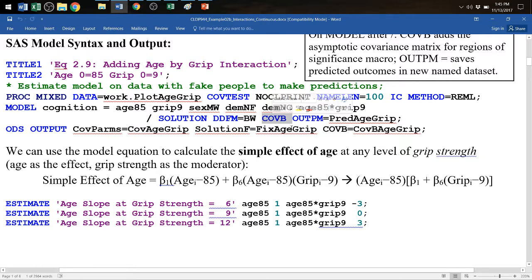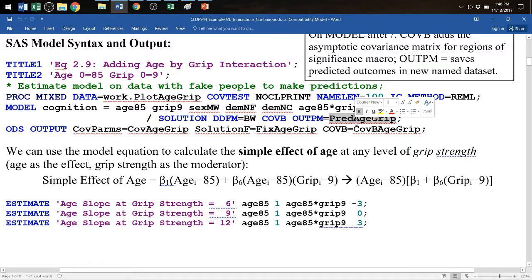One is COVB. That is the asymptotic covariance matrix of the fixed effects. That's the thing I need to do regions of significance, which I will demonstrate for you. The other, which is something you're going to see repeatedly, outPM. That is a command that tells SAS to create fixed effect predicted values and save them in a data set.